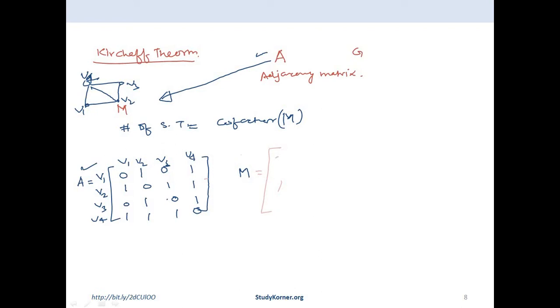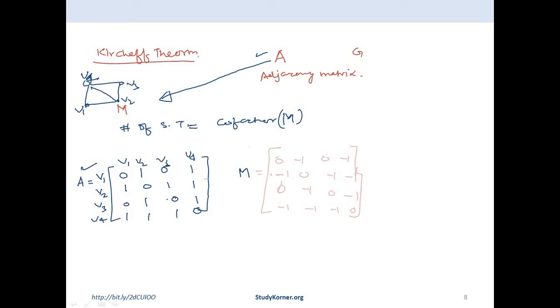So I just rewrite the values: 0, minus 1, 0, minus 1, then minus 1, 0, minus 1, minus 1, then 0, and minus 1, 0, minus 1, and minus 1, minus 1, minus 1 and 0. This is the first step.